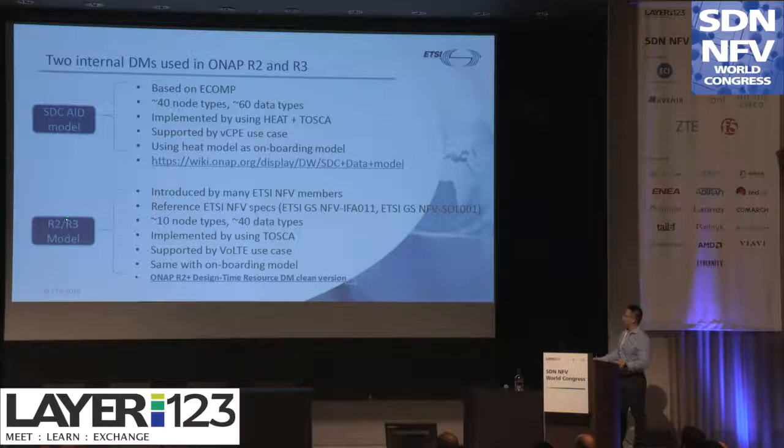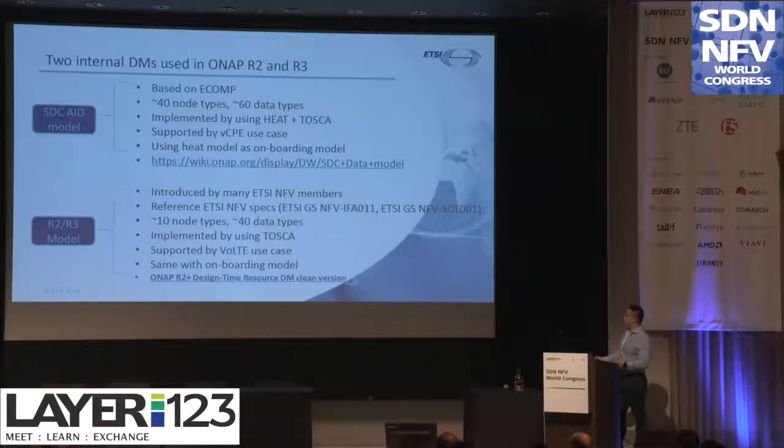Another one, like what I mentioned, we call it R2 and R3, because this one is newly introduced in ONAP, mainly by many NFV members. Because this one was introduced in the Beijing release, right now it's not based on our latest spec.